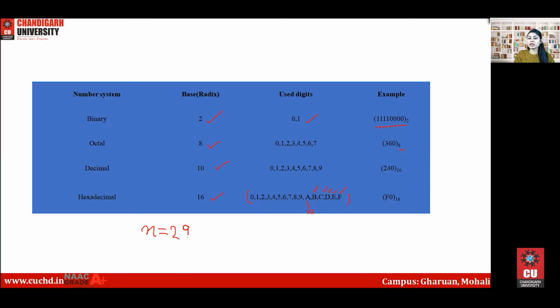But my computer doesn't understand 29, and let's suppose it is a decimal number. When this number is taken into the RAM, or stored in the RAM, its binary representation will be stored. So how will the computer convert that into a binary number, or similarly how will a decimal number be converted into octal and others? So we are going to understand that.